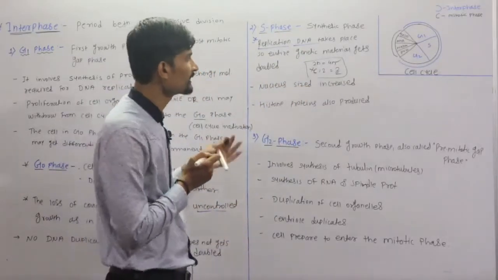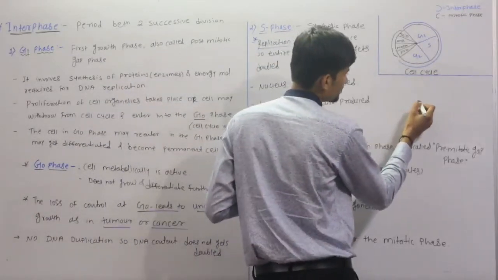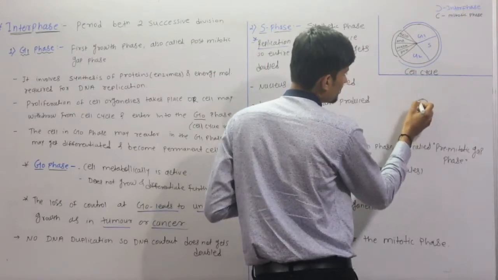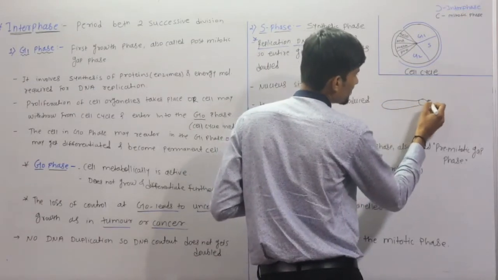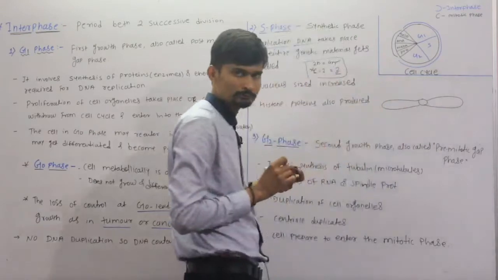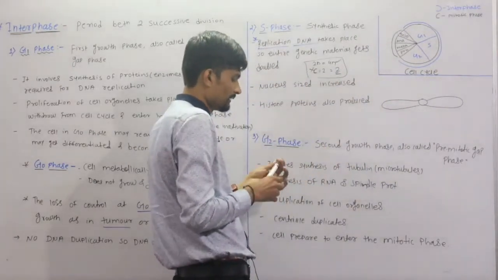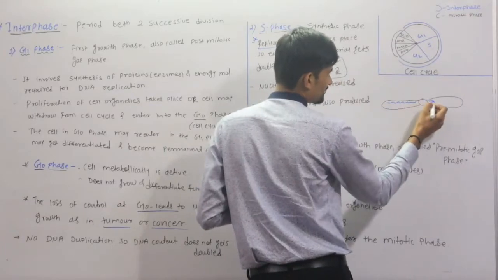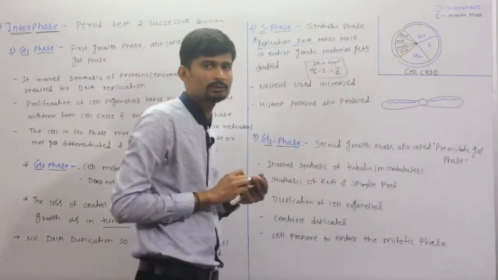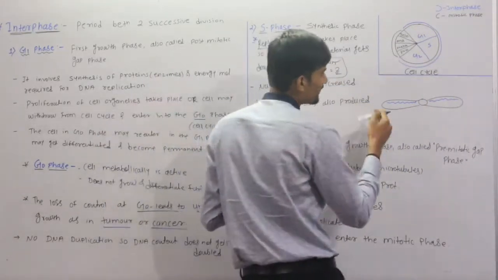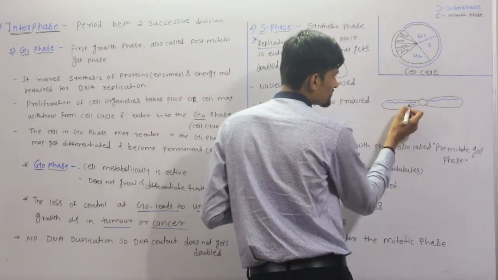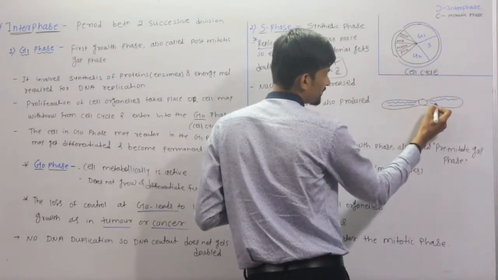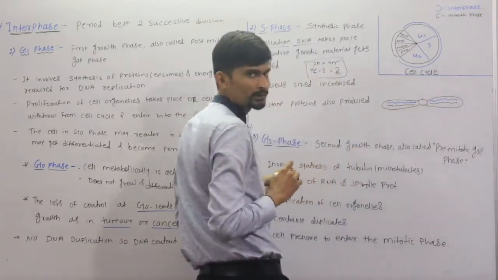Means there is only replication. Here you can understand easily, there is only a replication of the DNA. Suppose this is a chromosome, and the chromosome is made up of DNA. Suppose this is the old DNA, and on this old strand there is a synthesis of a new strand which is represented in black.